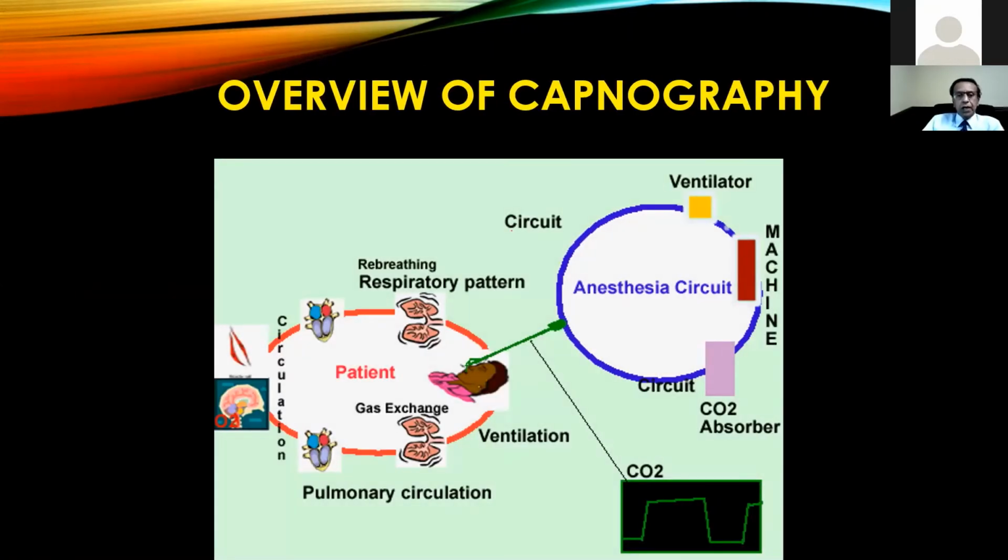Now, if you look at the overview of capnography, this is the anesthesia circuit in the operating room with the ventilator and the breathing circuit, and this is the patient circuit, and in between these two circuits is a critical junction of the airway or the endotracheal tube, and this is where we measure capnography.